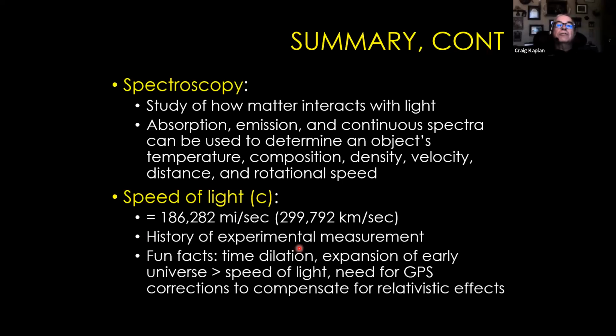We reviewed the history of experimental measurement of the speed of light, and we talked about time dilation, the expansion of the early universe being greater than the speed of light, and the need for GPS relativistic corrections to compensate for the effects of time dilation and gravity dilation.